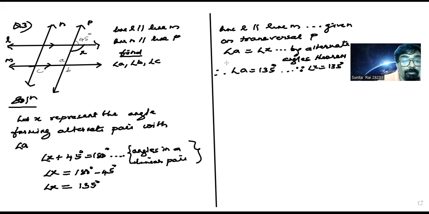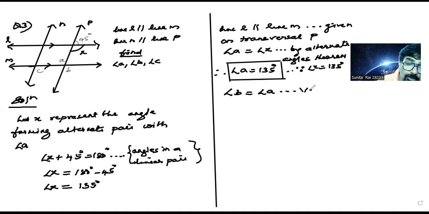So A is one of your answers, children. I'll highlight it in a box. Whenever you get an answer, you better put it in a box, so you need not rewrite the answers. Okay, the next one I want is B. Let's have a look at B. B is vertically opposite to A, so angle B is equal to angle A. Can I write, children, vertically opposite angles are congruent.